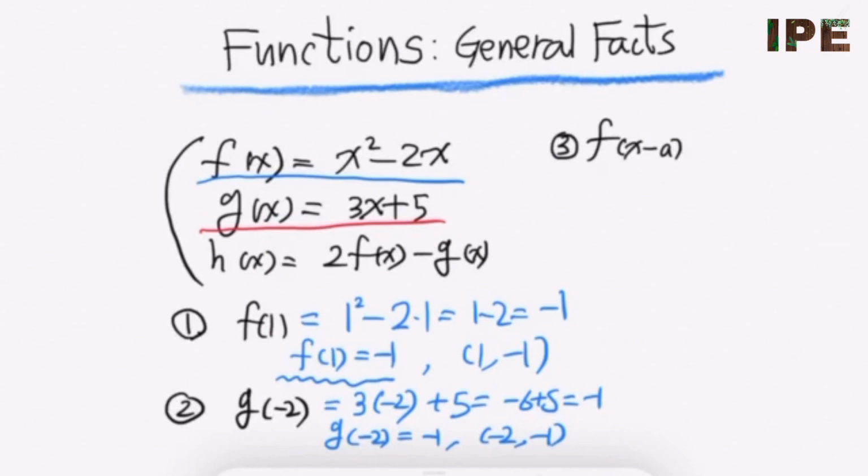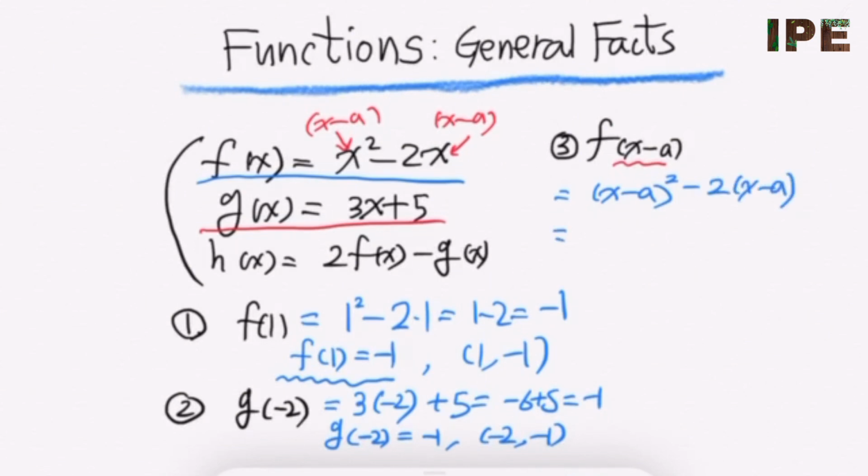So now to find f of x minus a, we just plug in x minus a for x. Plug in x minus a for this x and x minus a for the other x. So that is equal to (x minus a) squared minus 2 times (x minus a).